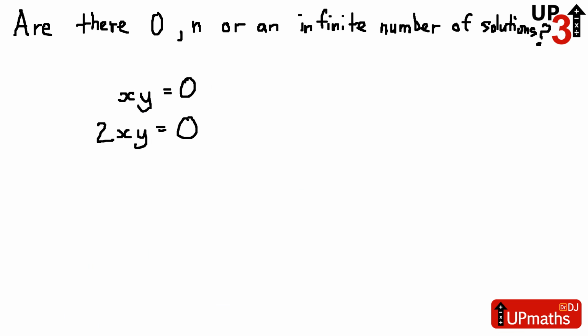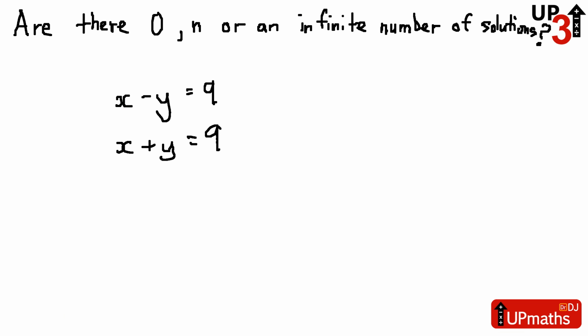Okay, what about the next question? I seem to be asking exactly the same question again. Okay, well, let's skip that. Let's do the next one. X minus y. So I'm just going to rearrange this to make x equals y plus 9.